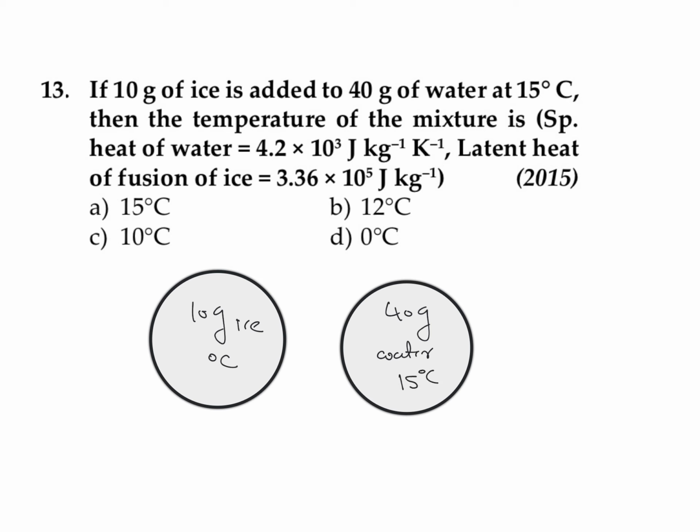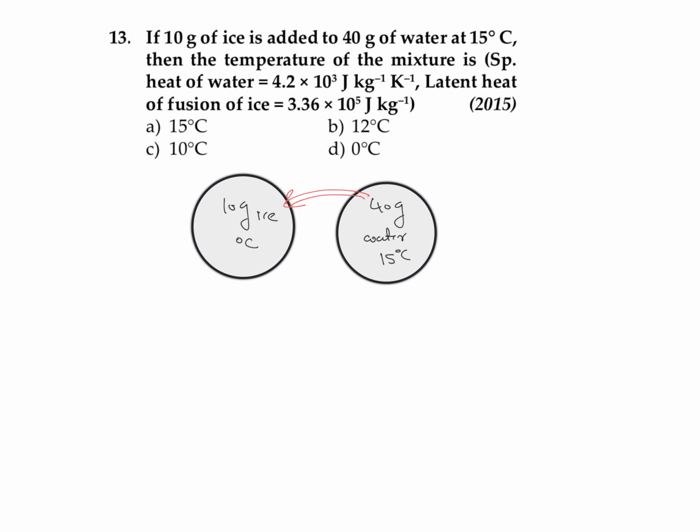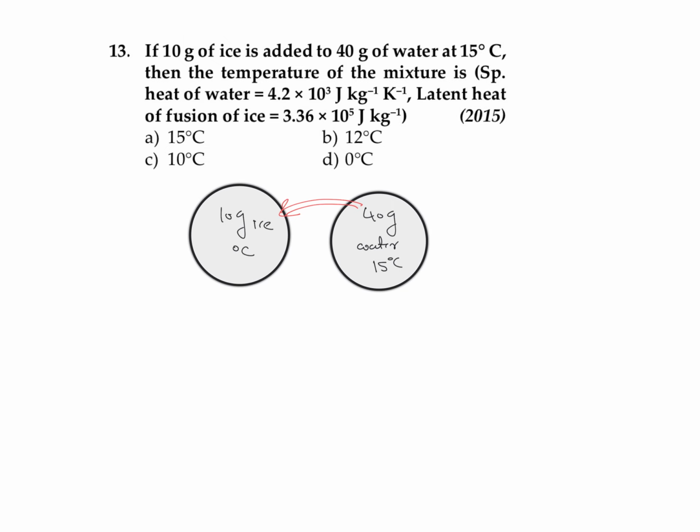We know that there will be a flow of heat energy from water to ice. So there is a possibility that ice may convert into water. We don't know whether it is going to get converted or not, so we will write the next possible stage.